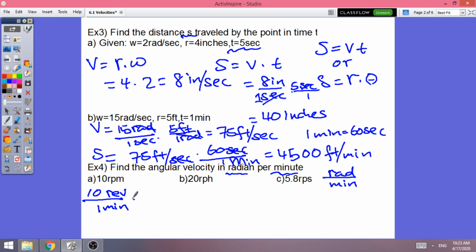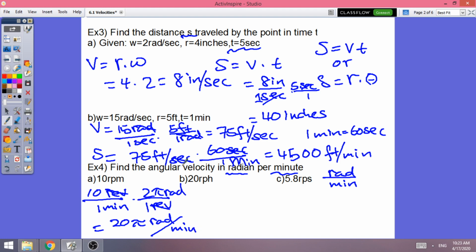Since we know that 1 revolution is 2 pi radians, we multiply 10 rev per minute by 2 pi radians per revolution. The unit cancels out, and we're left with 10 times 2 pi radians, which is 20 pi radians over 1 minute.